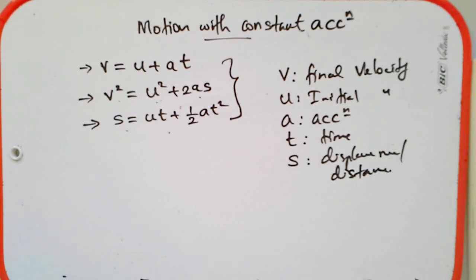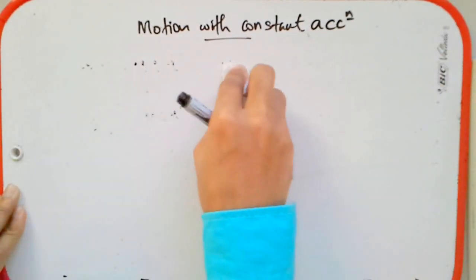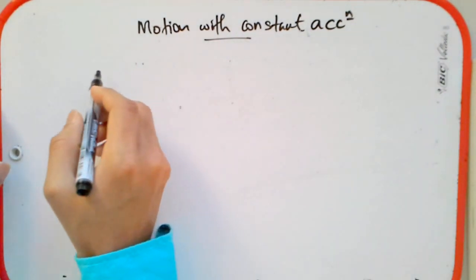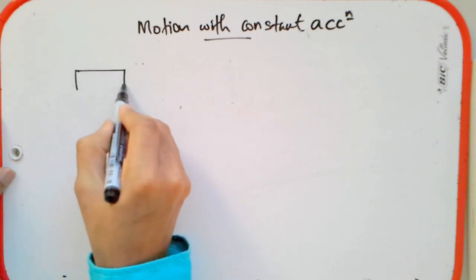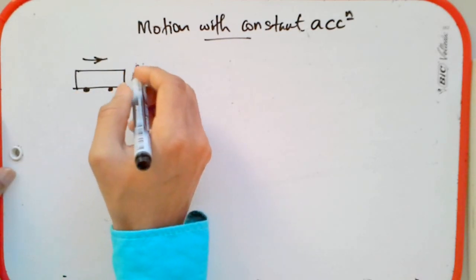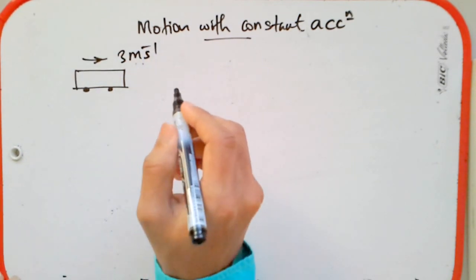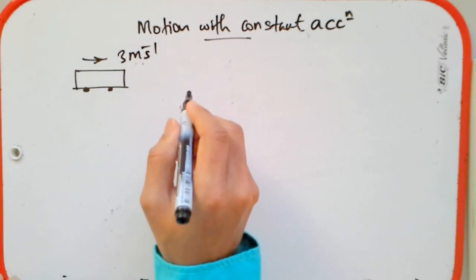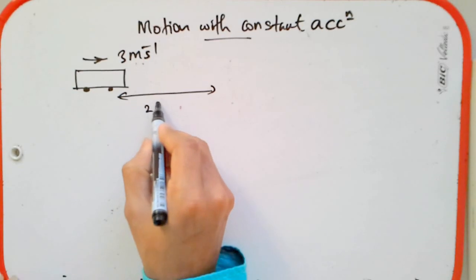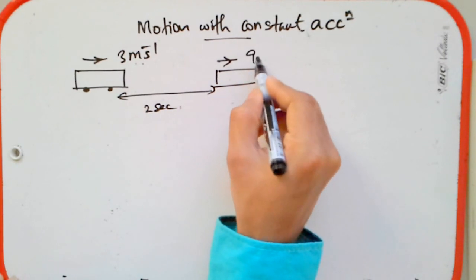Okay, so we'll move to the first question. Question number 1: you have a car. This car is traveling with a velocity, let's say 3 meters per second, and this is traveling for 2 seconds and reaches a speed of, let's say, 9 m/s.